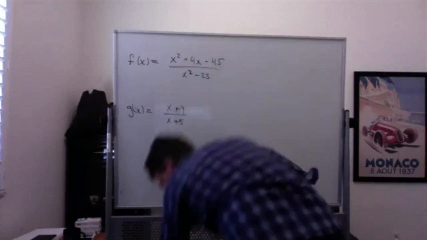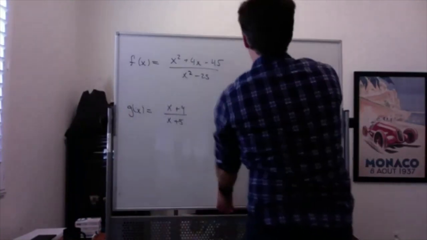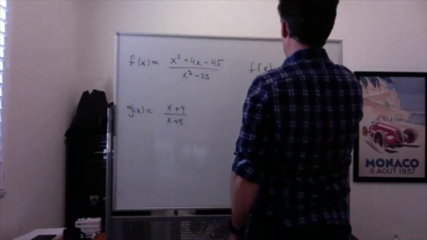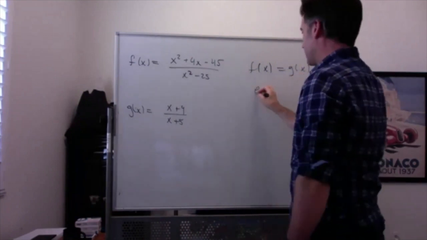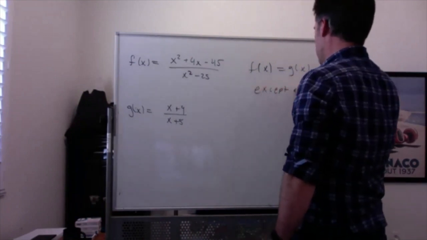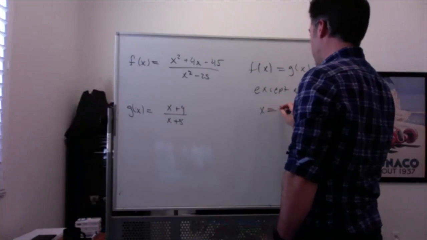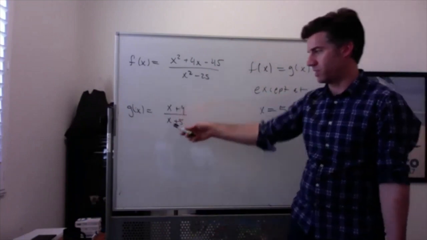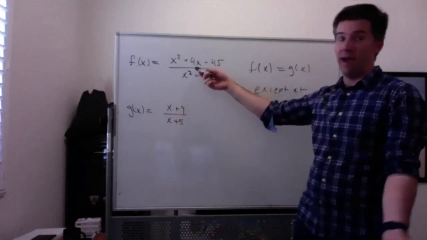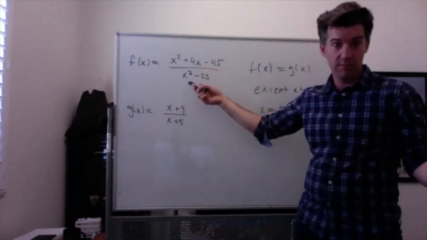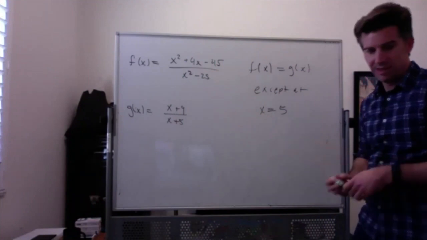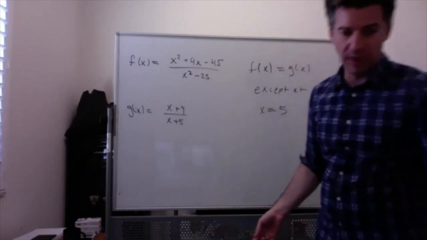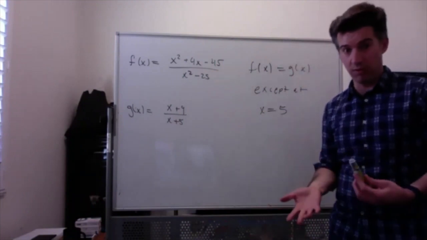So f of x is equal to g of x, except at x equal to positive 5, right? Because here when x is 5, you get 14 over 10, and here when x is 5, you get undefined. Okay, so this is why the way we talk about the limit is really important.